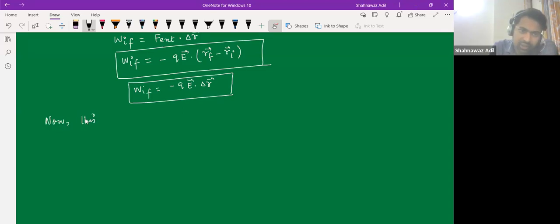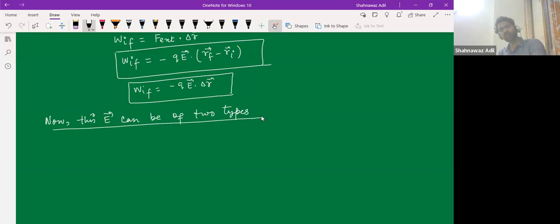Now this electric field can be of two types. How many types could there be?